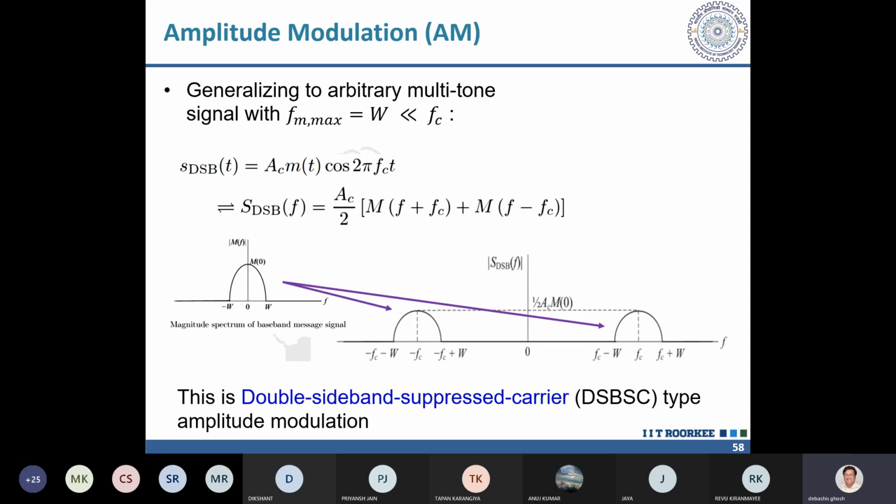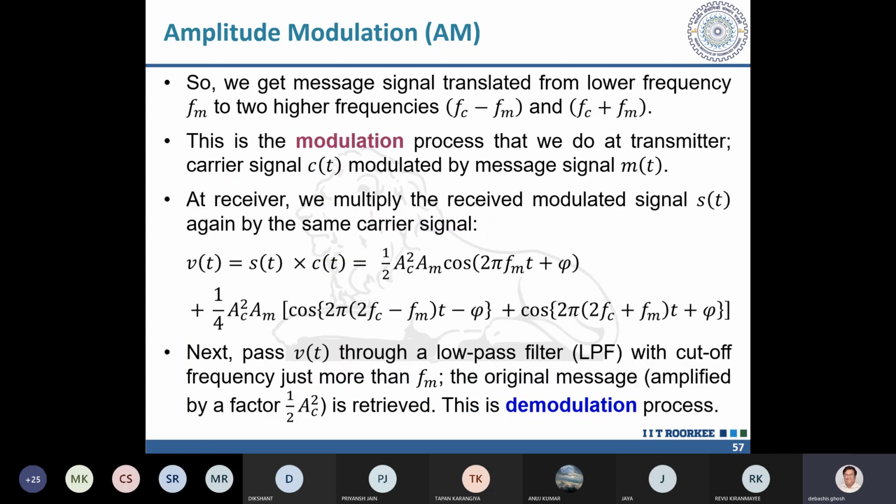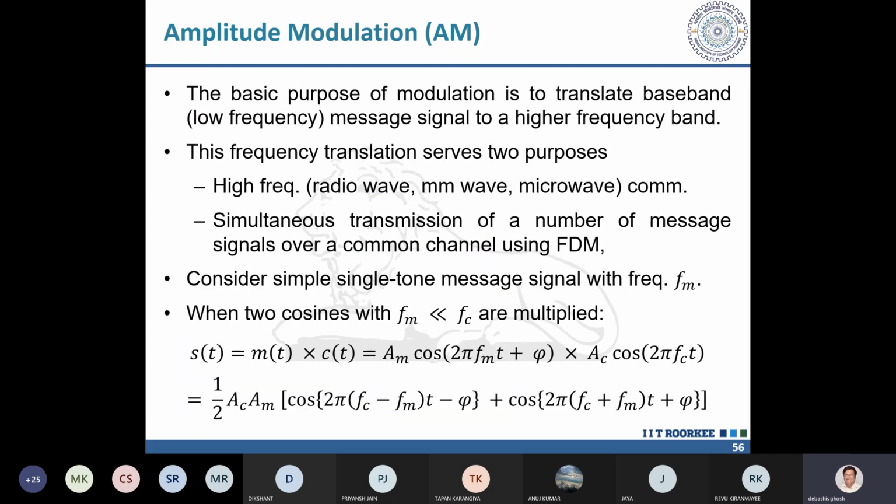Why are we calling it amplitude modulation? Because if you see here, the amplitude of the carrier signal is basically now getting modified as this.